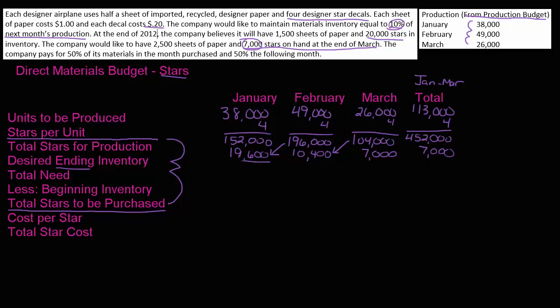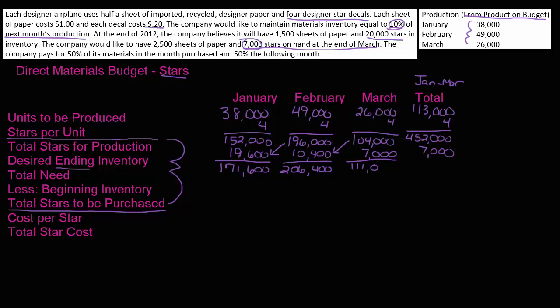Now I'm going to calculate my total need. 152,000 plus 19,600 is 171,600. At this point, if you've watched the production and the first direct materials budget, this is going to start seeming like habit. We're just adding up my total stars for production and my desired ending inventory.